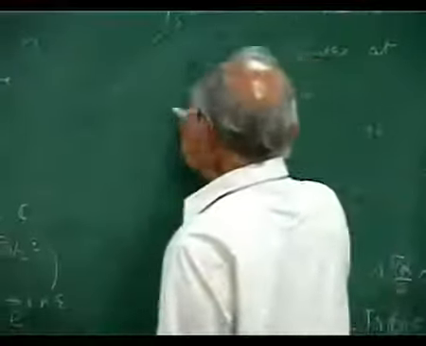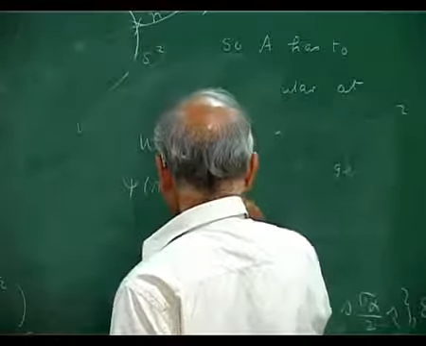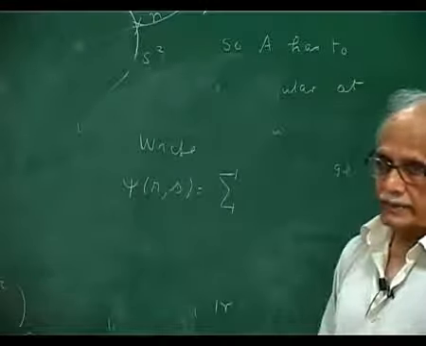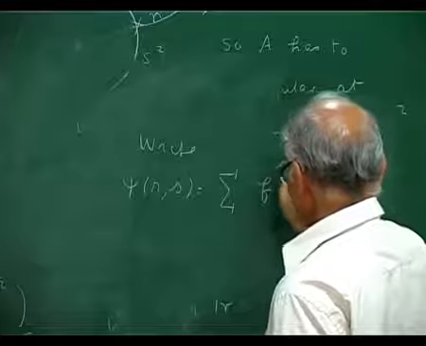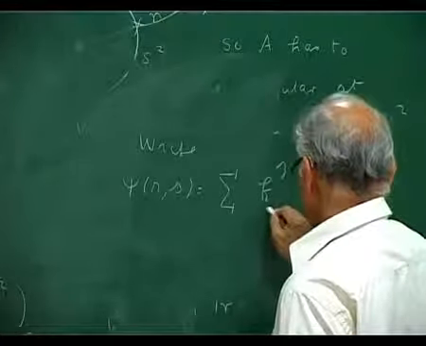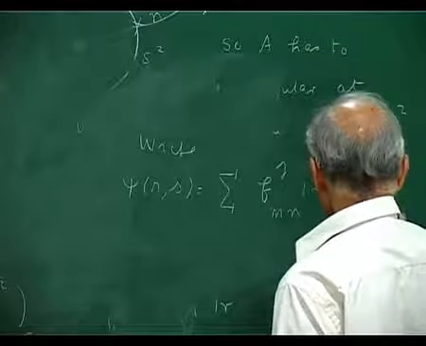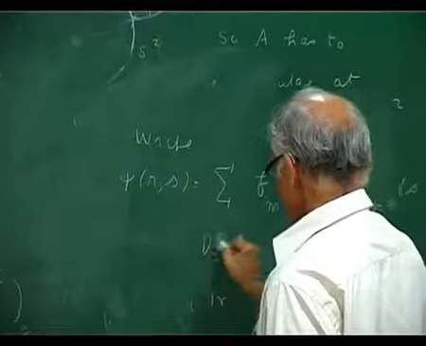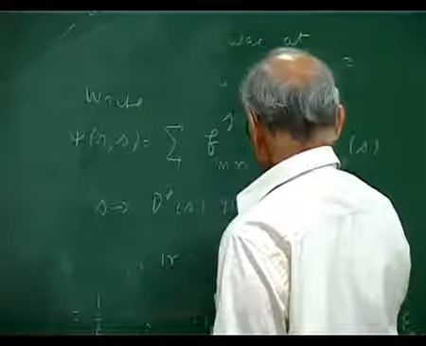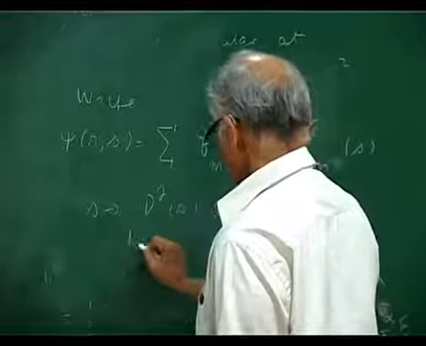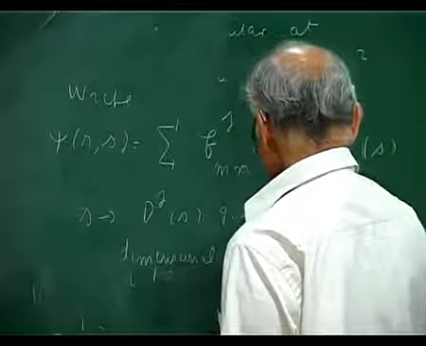So what does this mean? Psi of r s can always be expanded, by standard group theory, as some functions of r, with indices m and n, times D^j_{mn}(s). These D^j give a 2j plus 1 dimensional irreducible representation of SU(2), angular momentum j.